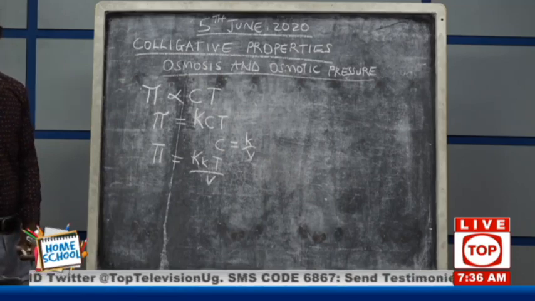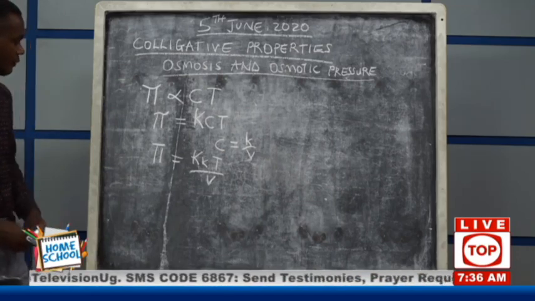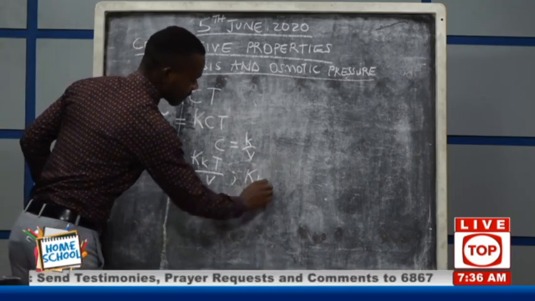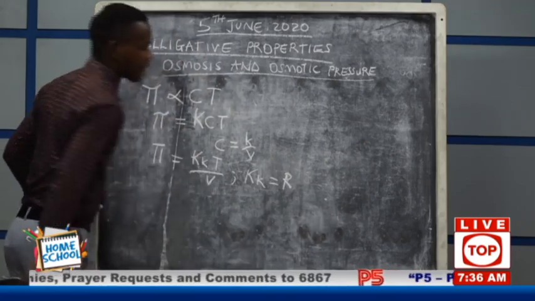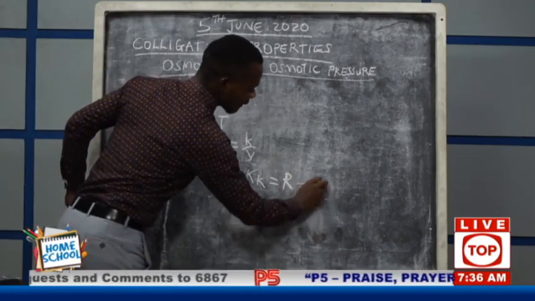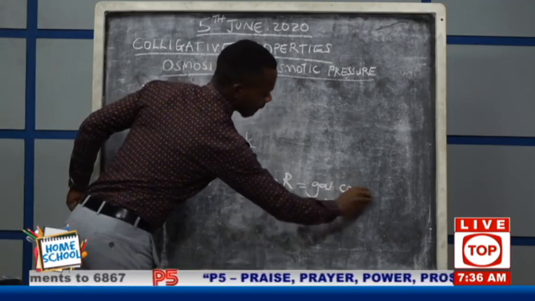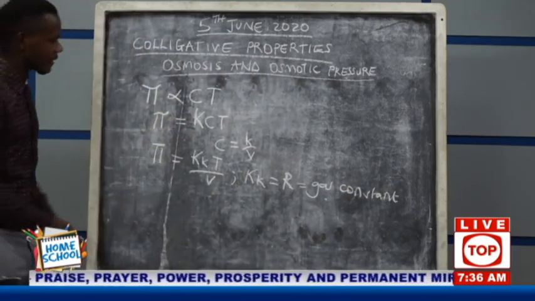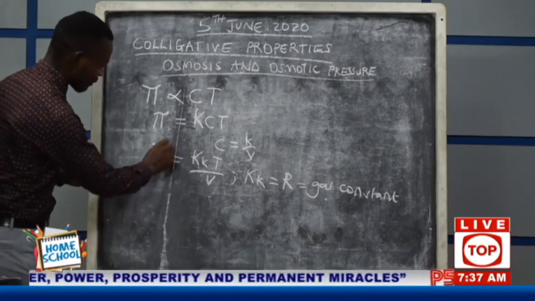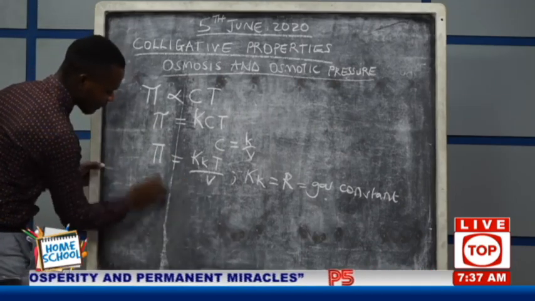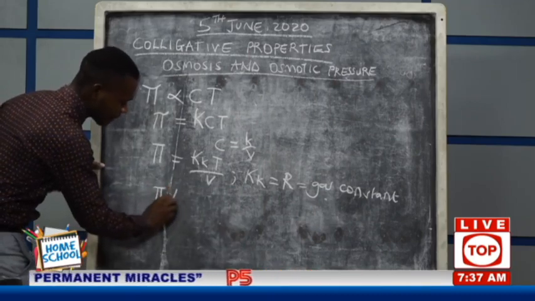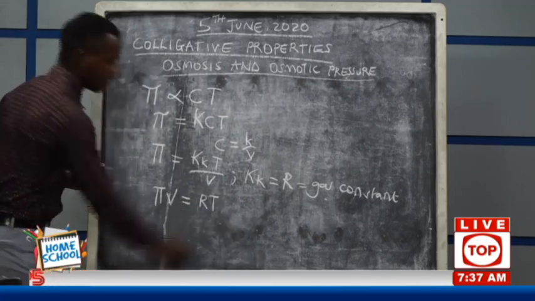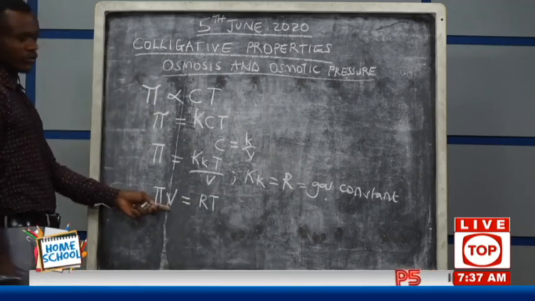We find that this capital K and small k will be equal to what we call R, and R is the gas constant. I know most people skip this step. Let us see what we get here. If we multiply V here, we get pi V is equal to RT. That is the expression we get.